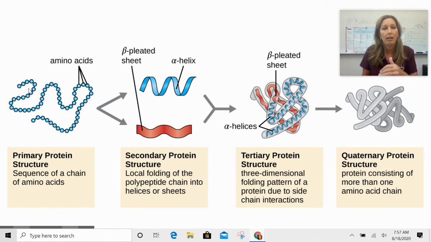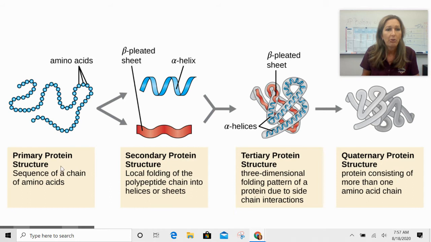In a cell, however, and we'll talk more about the endomembrane system and the rough ER, there are enzymes that help fold this protein into its proper shape, because shape matters. Shape is what gives a protein its function.